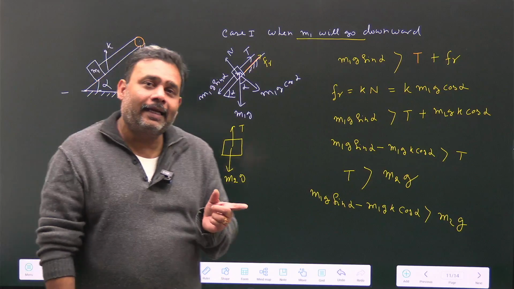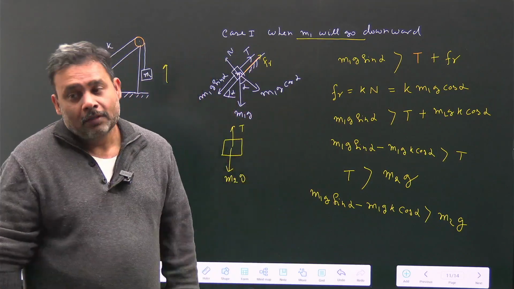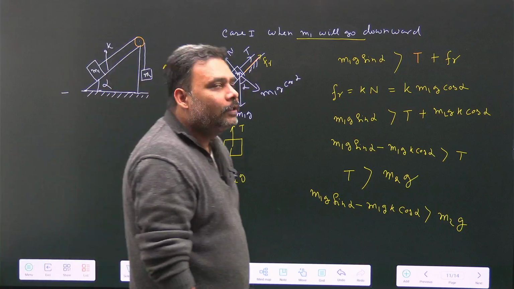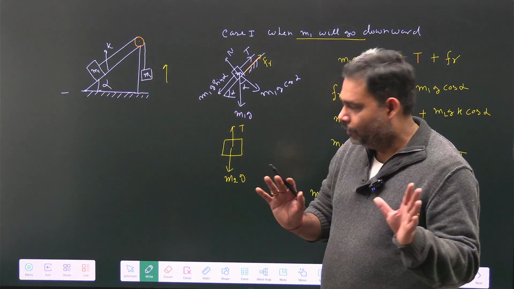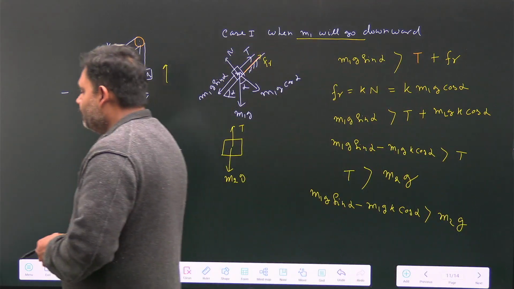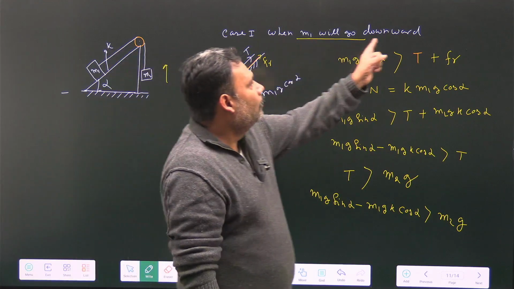लेकिन हमें निकालना क्या है? m1 move नहीं करे. So let's see how we will reach up to that particular point. And we have to give this condition mainly on m1 and m2. So this is your first condition where m1 will go downward.